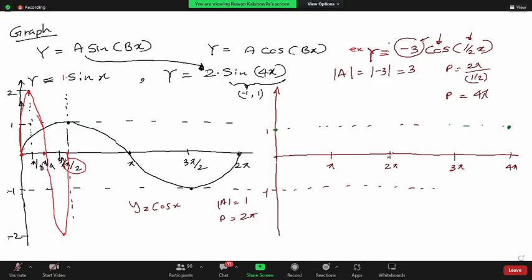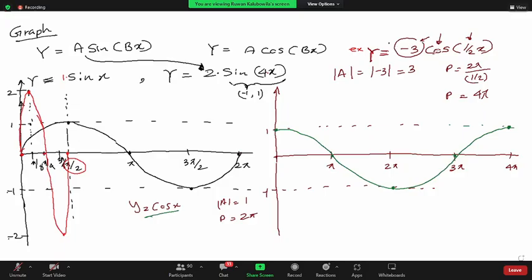Then that means to complete a cycle, we should have the minimum, then come to the zeroth position, and the cos curve goes like this. This is the original y equals cos x curve.